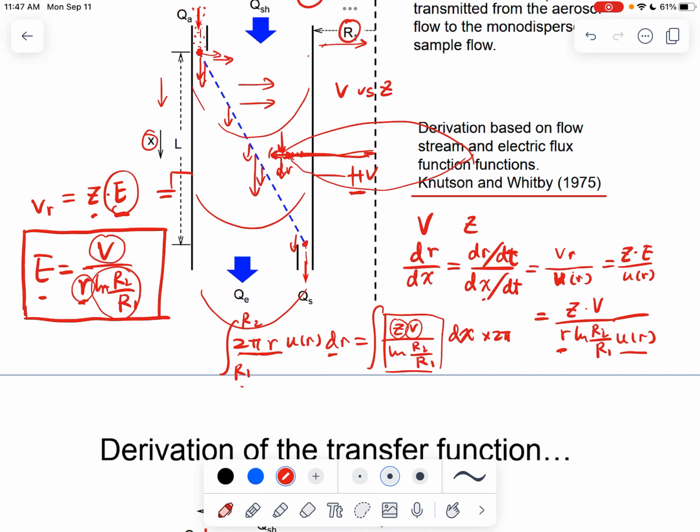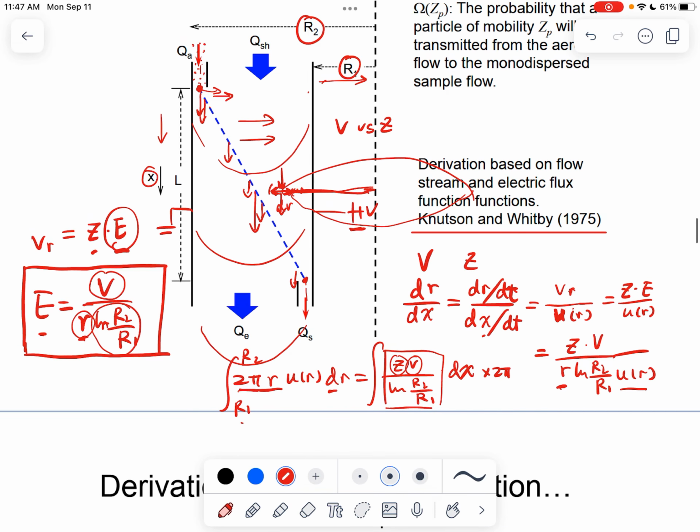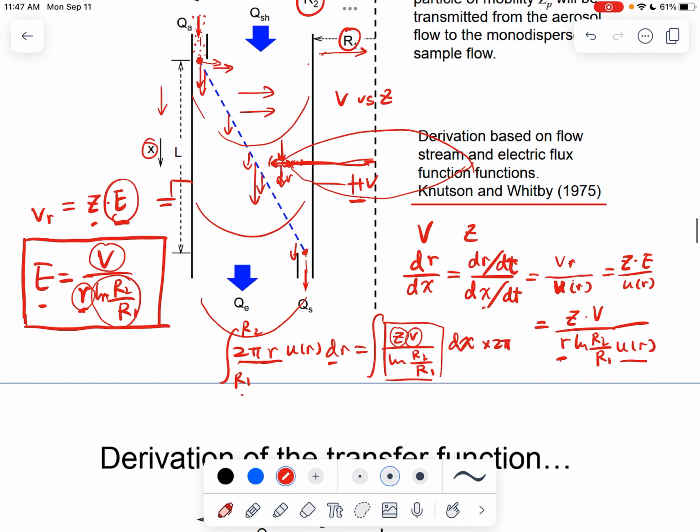And also you have UR, which is the velocity going through this tiny direction. So when you integrate it from R1 to R2, basically this is just calculating the flow rate. This is a flux of the flow going through dr, and then you're integrating that between R1 and R2.